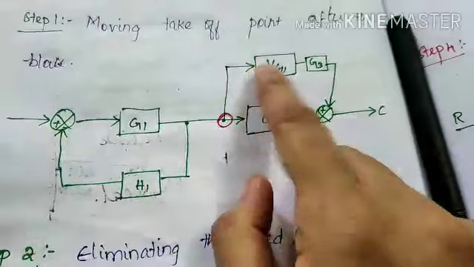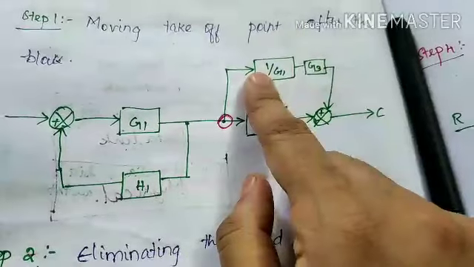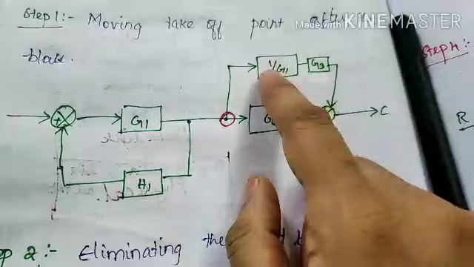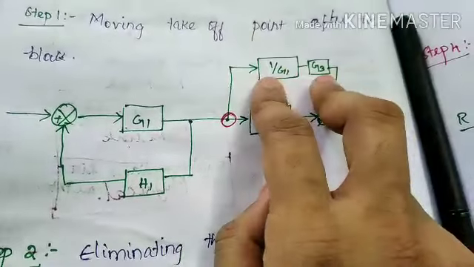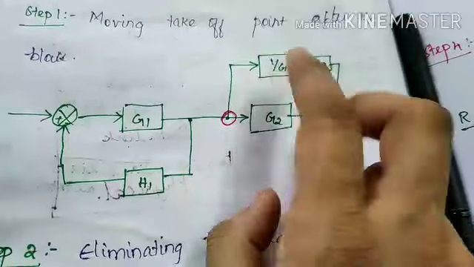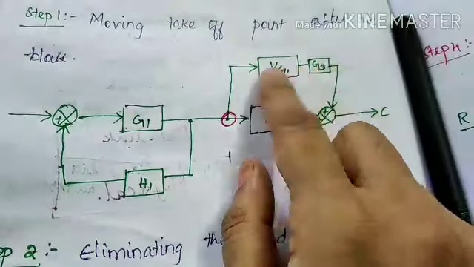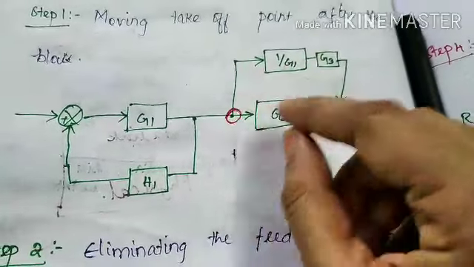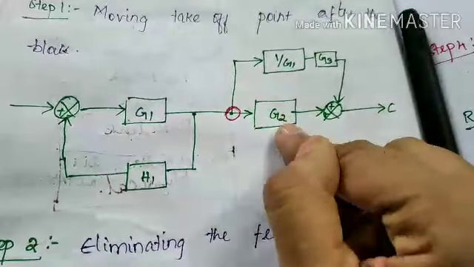Now see here, these two blocks are in cascaded form. What is the cascade rule? We have to multiply these two blocks. Two blocks in series or cascade, series or cascade both have the same meaning, right? If the two blocks are in series, we need to multiply these two blocks. See, one more thing here.